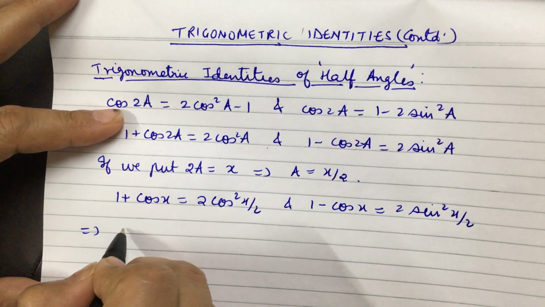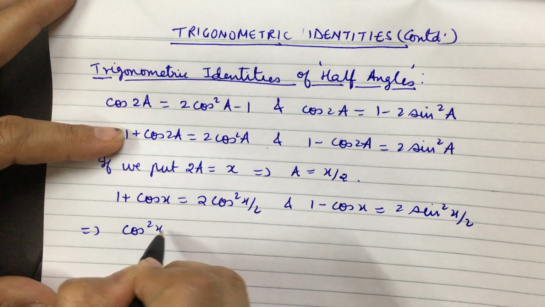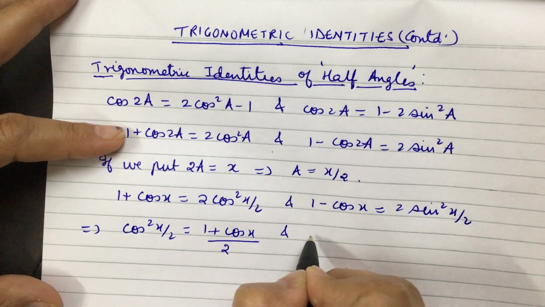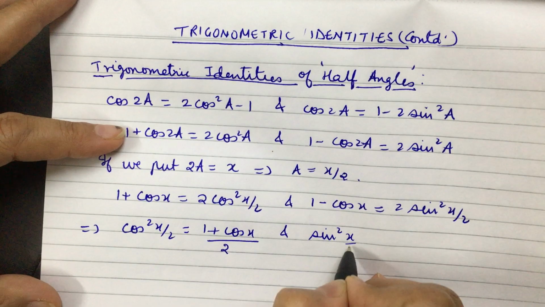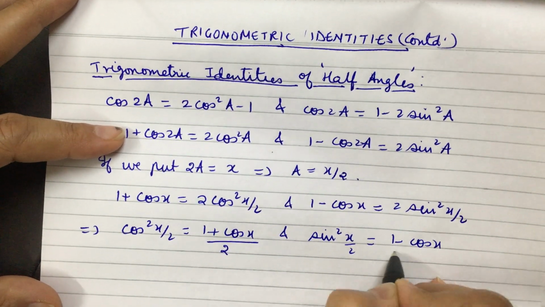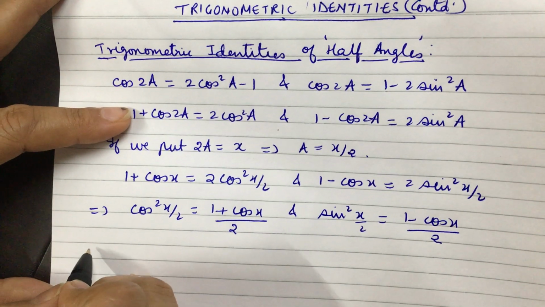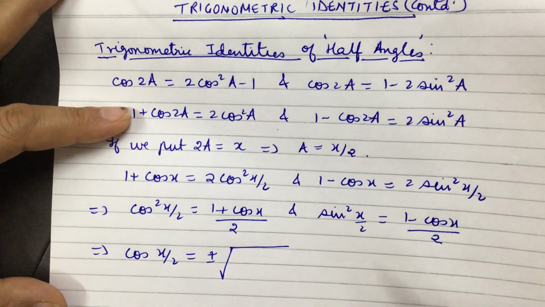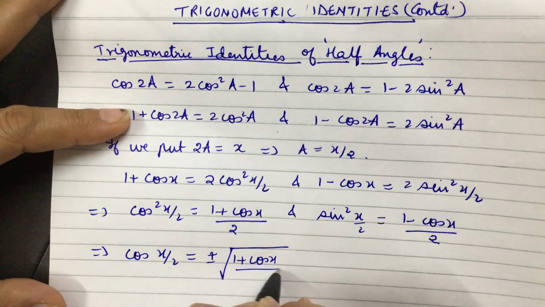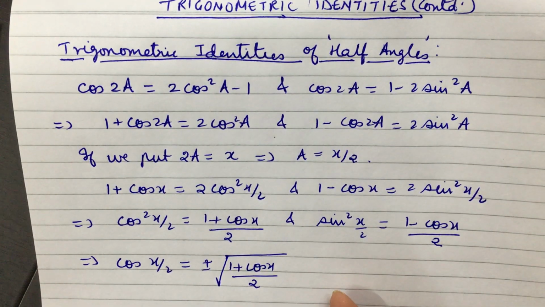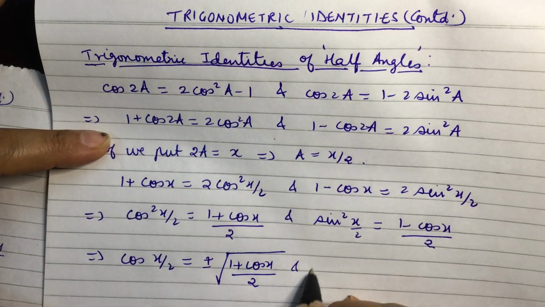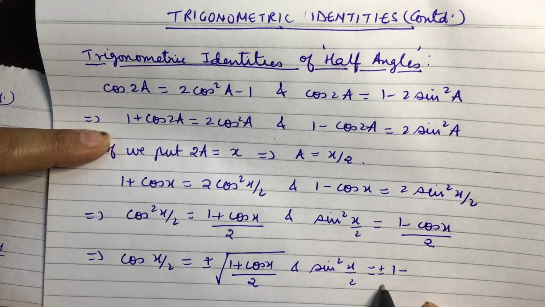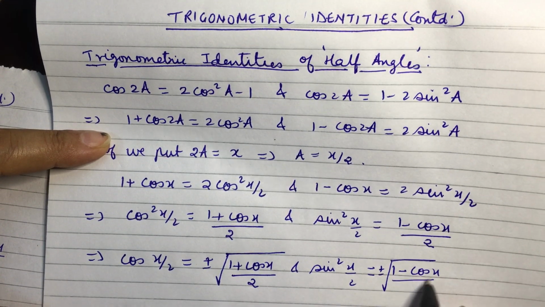This gives us cos squared x by 2 equal to 1 plus cos x upon 2 and sin squared x by 2 equal to 1 minus cos x over 2, and from here we get cos of x by 2 equal to plus minus square root of 1 plus cos x upon 2 and sin of x by 2 equal to plus minus square root of 1 minus cos x upon 2.